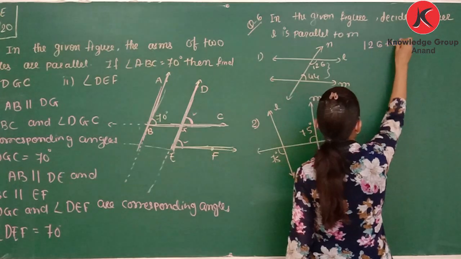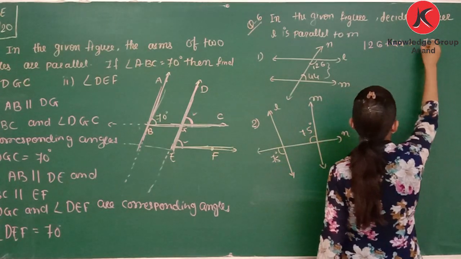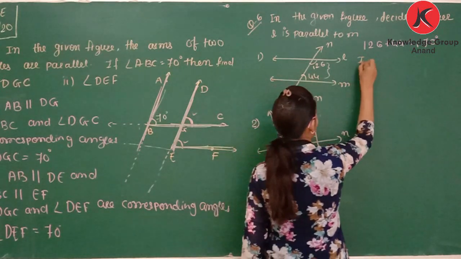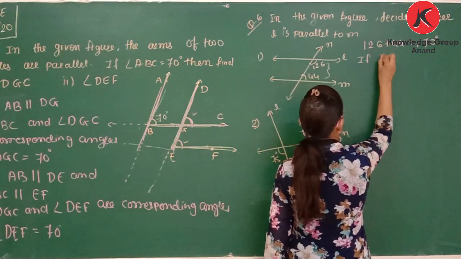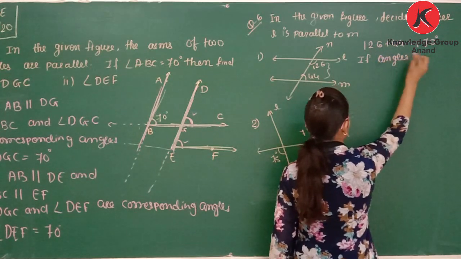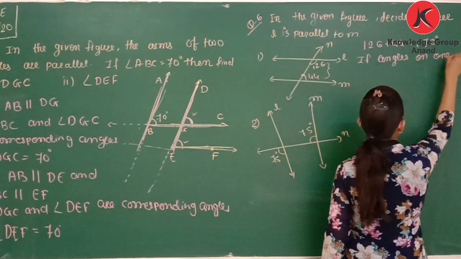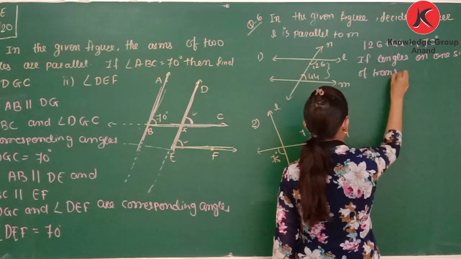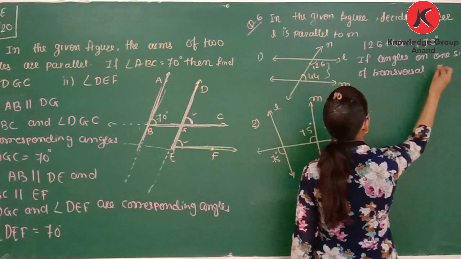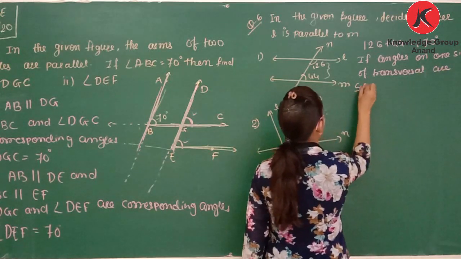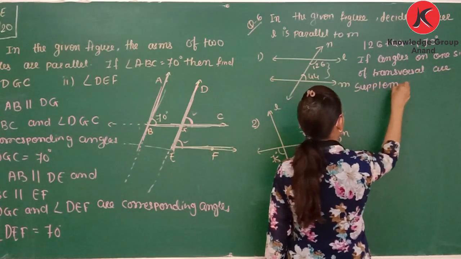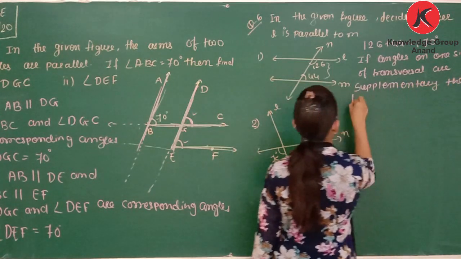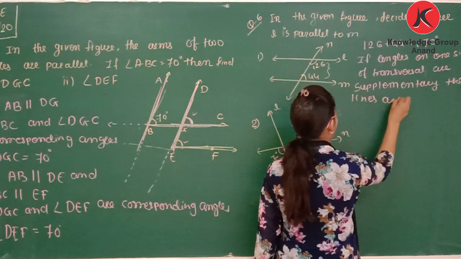So 126 plus 44. If we add, we get 170. It is not supplementary. So if angles on one side of the transversal are supplementary, then lines are parallel.